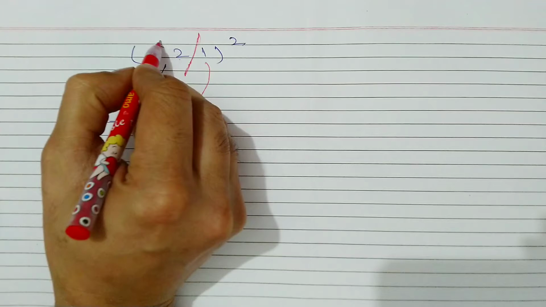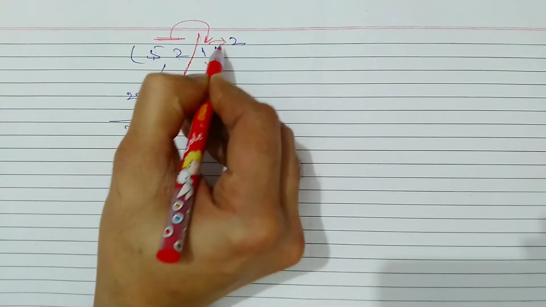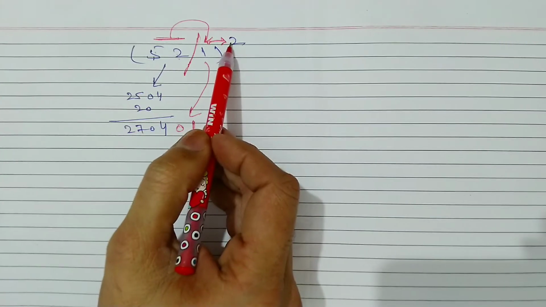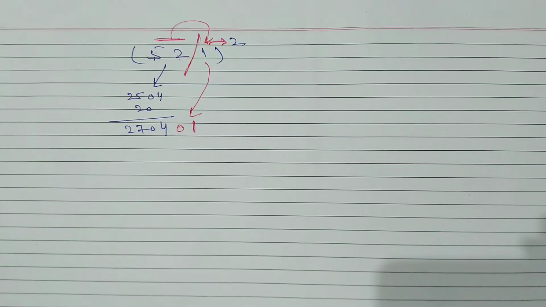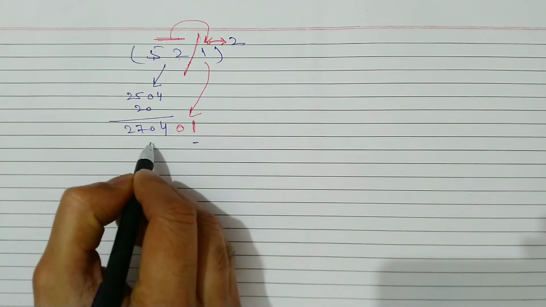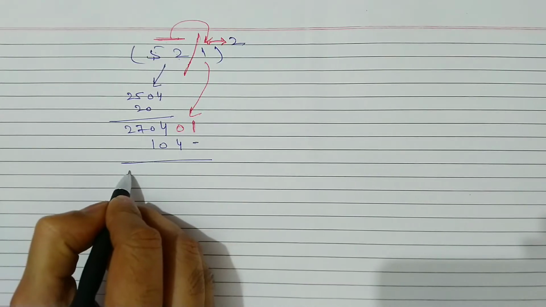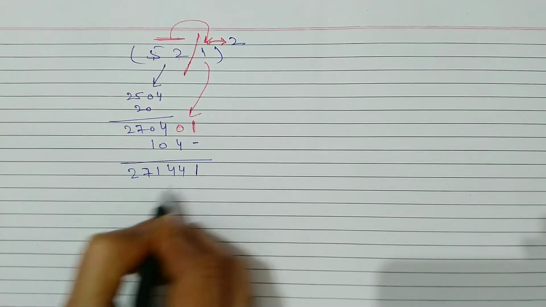Now 52 into 1 into 2. 52 into 1 is 52 and into 2 is 104. Write 104 over here. So 271441 is the answer.